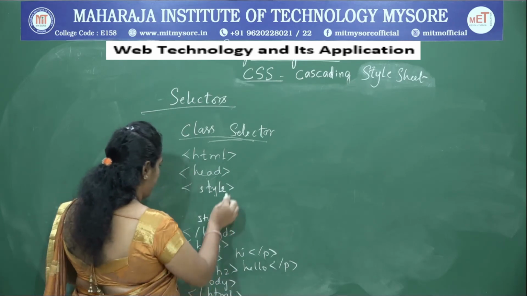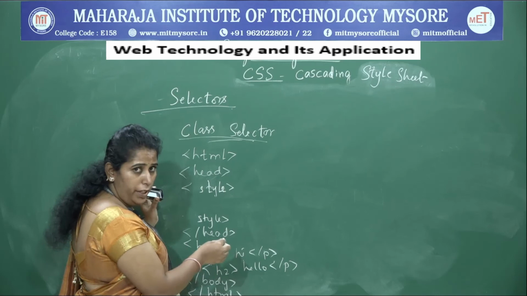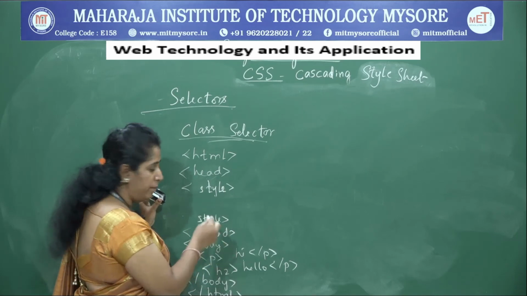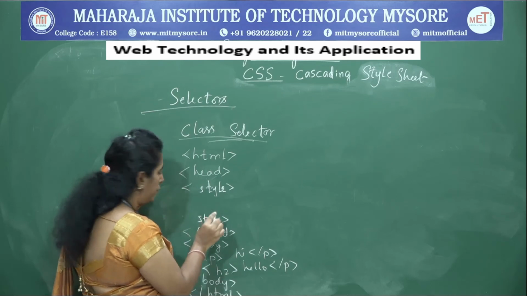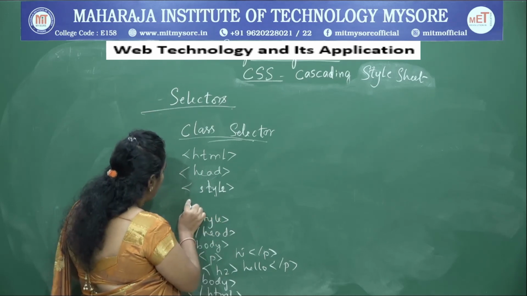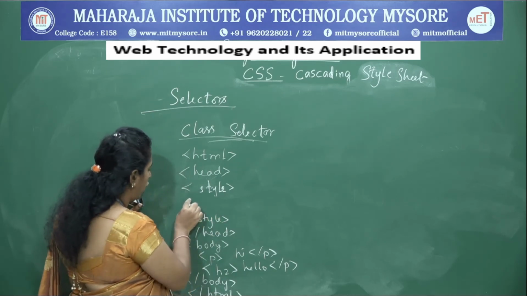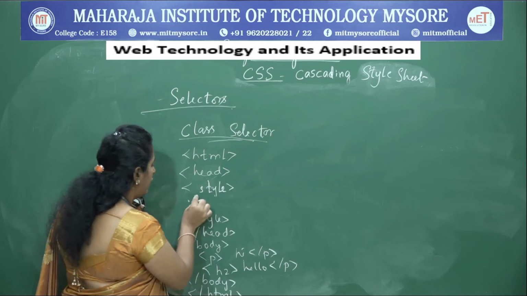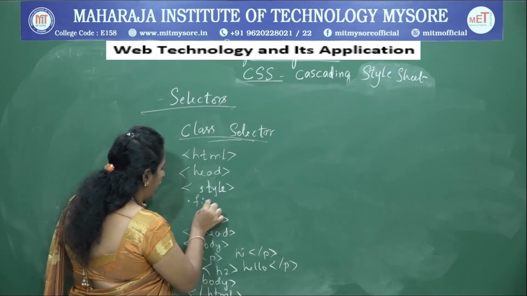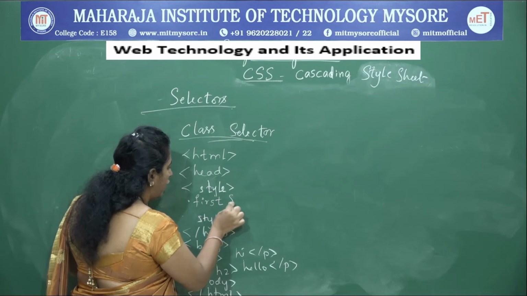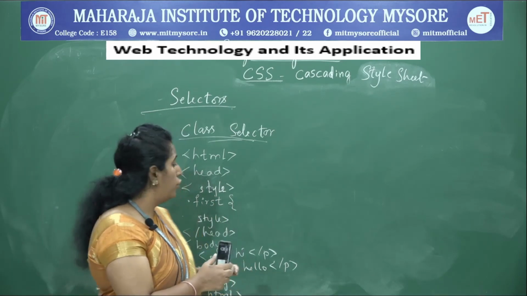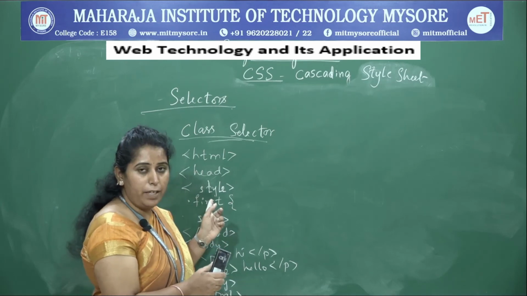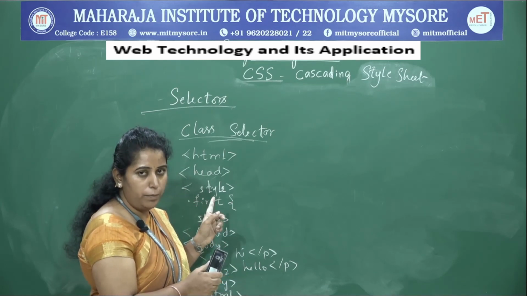For example, inside the head part only, within style only, you have to set a class attribute. Always the class attribute should begin with a dot, and you have to give a class name. I am giving the class name called first, and also make sure that whatever class name you give should not be an element or tag present in HTML.